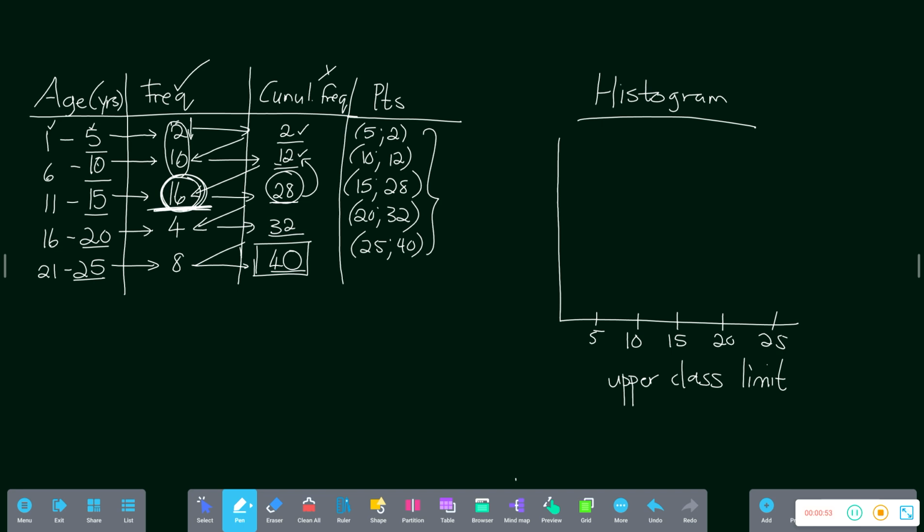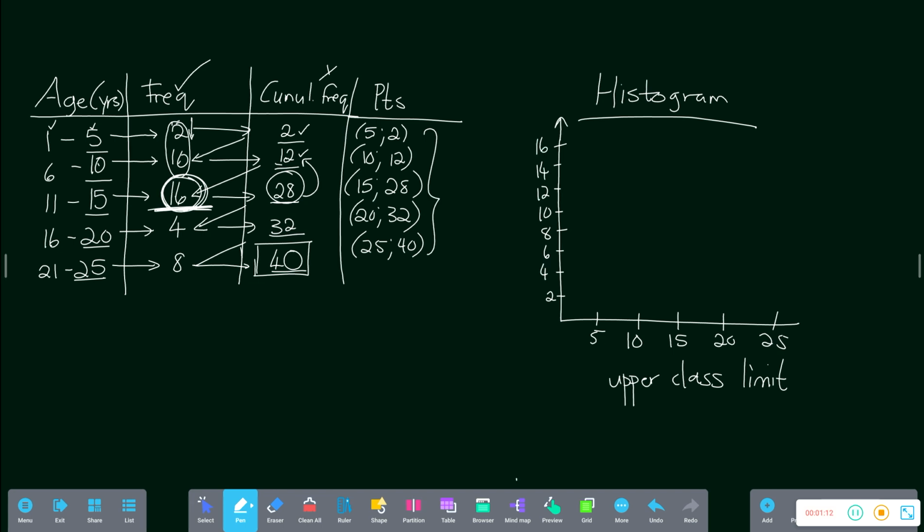So here, looking at our frequencies, we can count in twos: 2, 4, 6, 8, 10, 12, 14, 16. The first one, age between 1 and 5 years, we have 2 people.